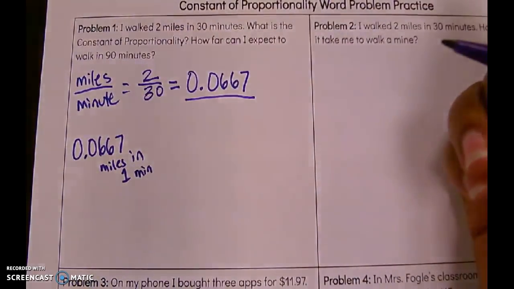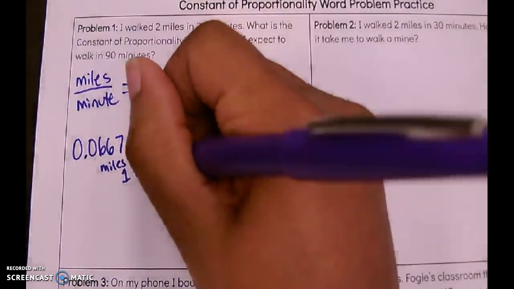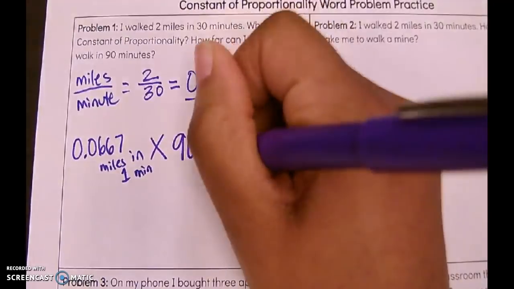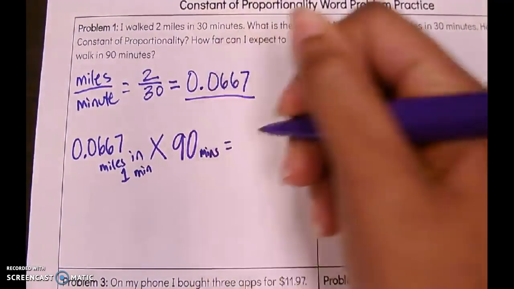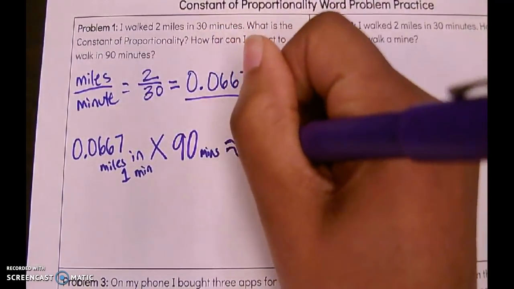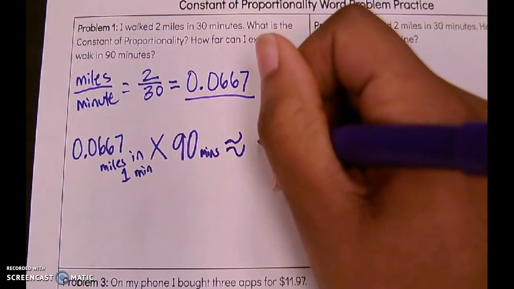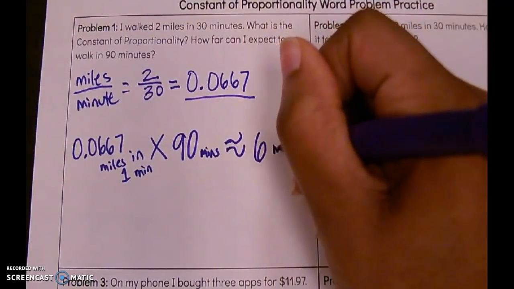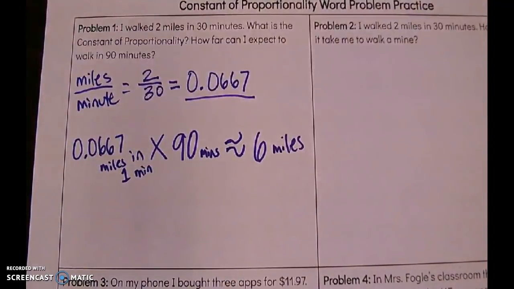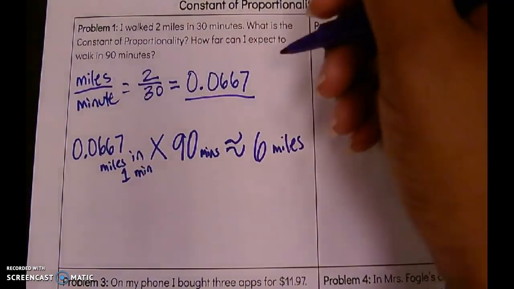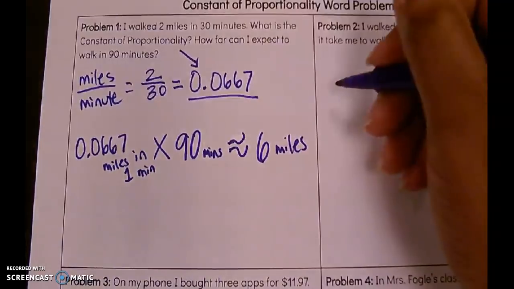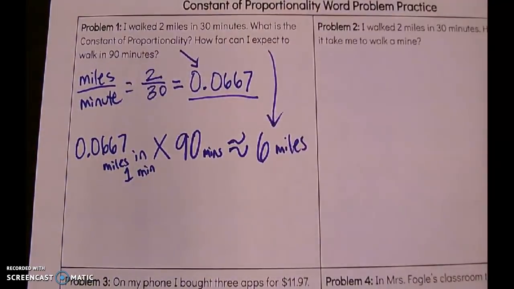So if I want to figure out how far I can walk in 90 minutes, the only thing I'm going to do is multiply this number times 90 minutes. And that is going to give me approximately 6 miles. Okay? So, my constant of proportionality is here, and I can expect to walk 6 miles in 90 minutes.